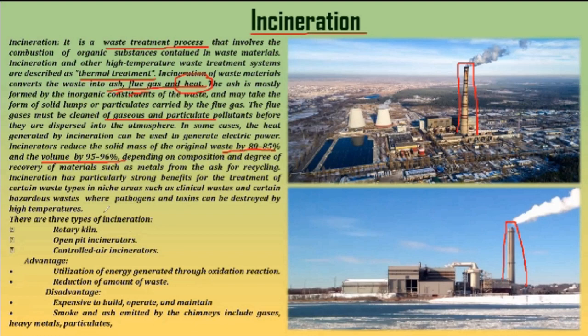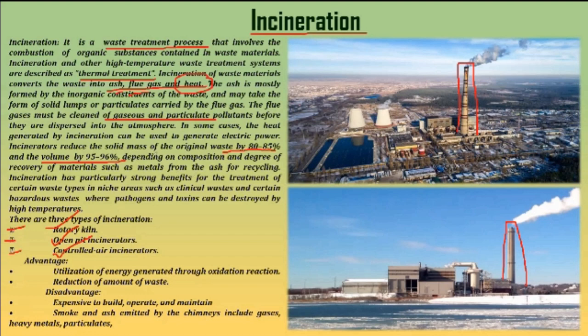So basically there are three types of incinerators. One is the rotary kiln, in which the kiln rotates in such a way that overall uniform heating occurs, right? An open pit incinerator is there, and a controlled air incinerator is there. So three different types of incinerators are there that we can discuss, right?